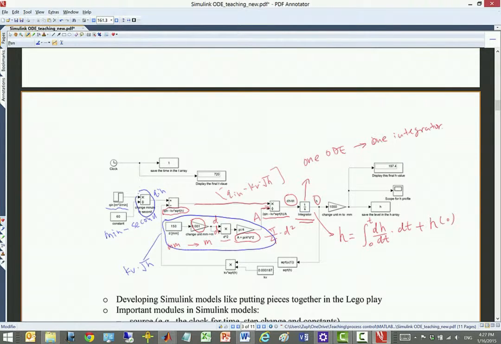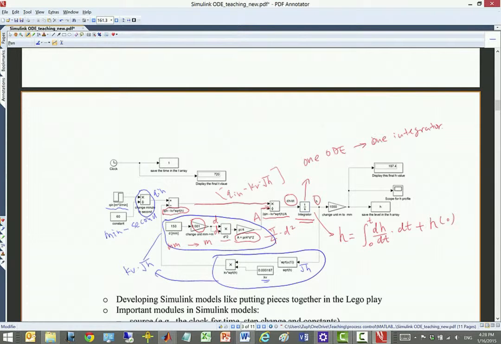This is how we change minutes into seconds. At the same time, we also need to calculate kV times square root of H. We can decompose this into two terms: the first one is kV, and the second term is the square root of H.